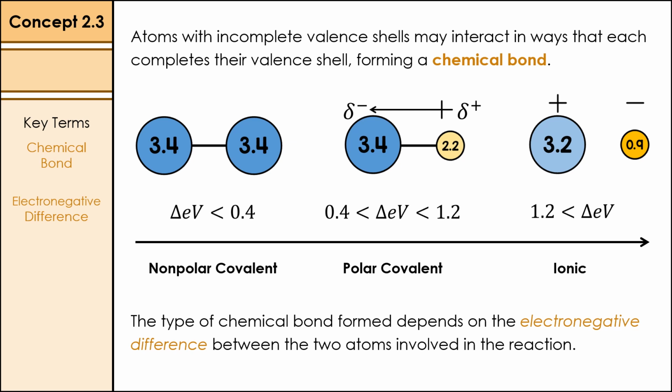And so these are fully charged ions, either cations if they're positive or anions if they're negative. We're going to detail some of these different chemical bonds on a few of the next slides, but the reason that these different kinds of bonds exist is all due to this electronegativity difference.